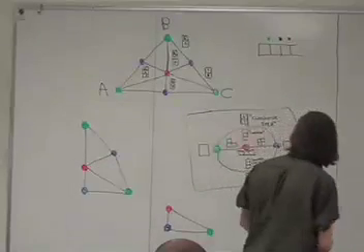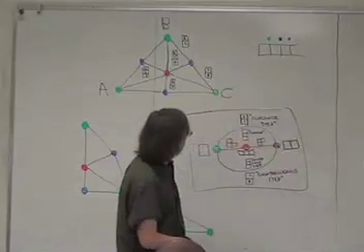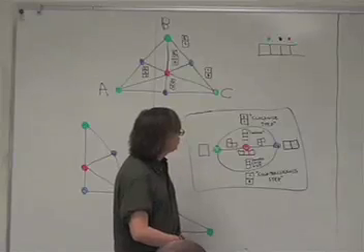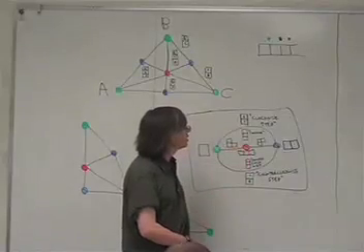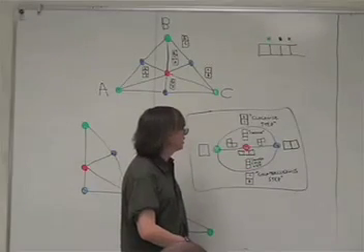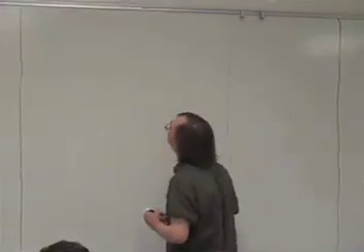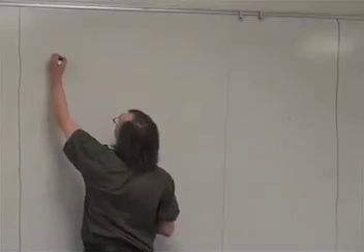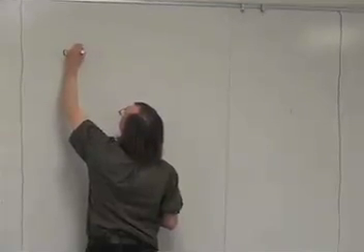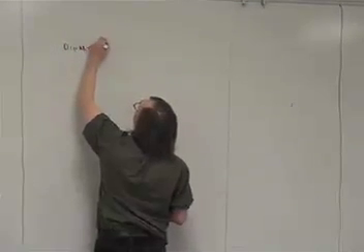So we could give a complete axiomatic description of this theory. We could say that there's a binary predicate.